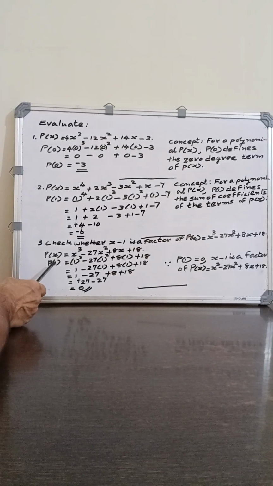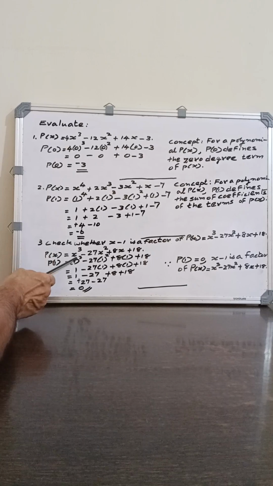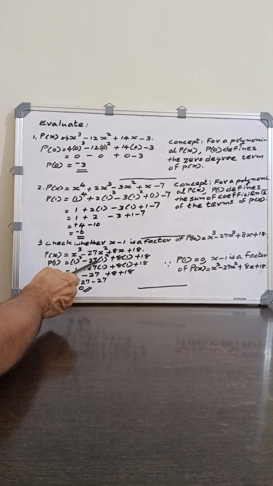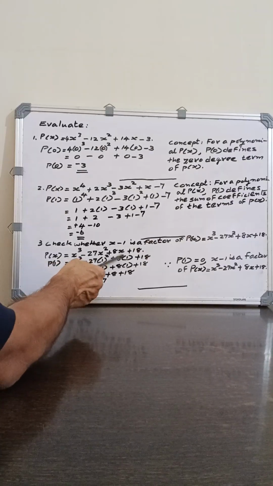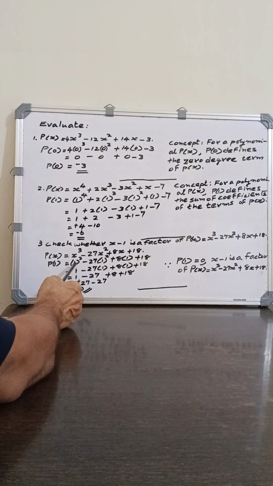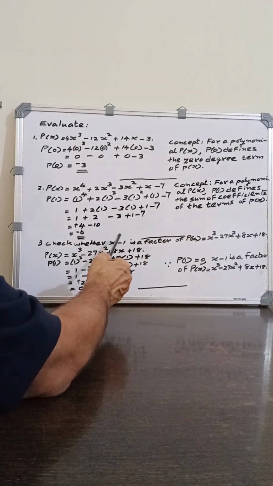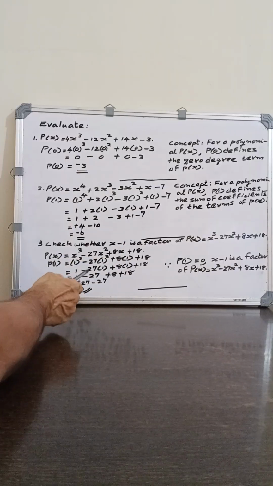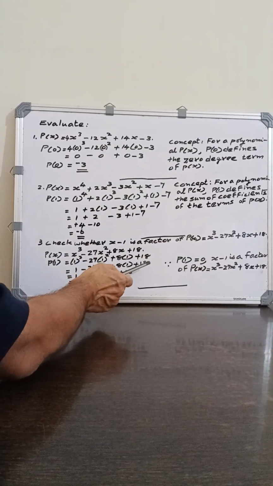Therefore, P of 1 equals 1 cube minus 27 into 1 squared plus 8 into 1 plus 18. In the place of x, I am substituting 1, the 0 of x minus 1. That is 1 minus 27 into 1 plus 8 into 1 plus 18.